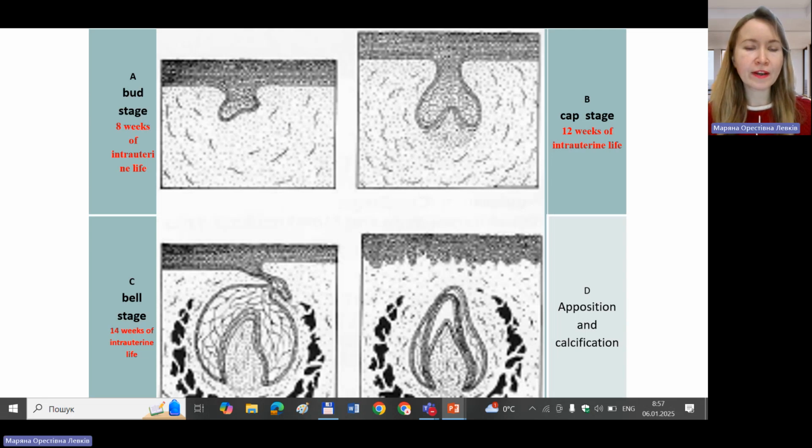During the follicle stage, tooth development moves through certain stages, such as the bud stage, cup stage, bell stage, and apposition and calcification. All this process starts from 8 weeks of intrauterine life, proceeding till 14 weeks of intrauterine life.